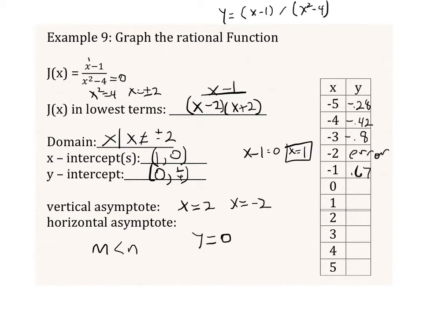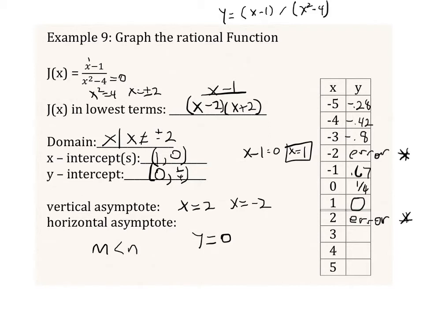At 0, which we already know, we got 1/4, or 0.25. At 1, we're at 0, which we already knew from our x-intercepts. And at 2, again, error. Okay, that's where our asymptotes lie, 2 and -2.